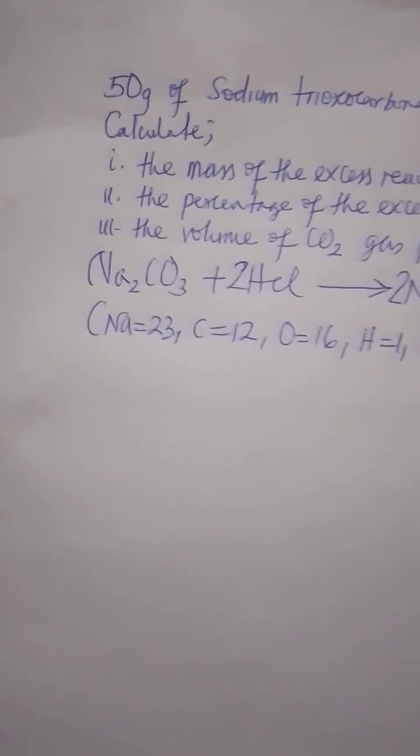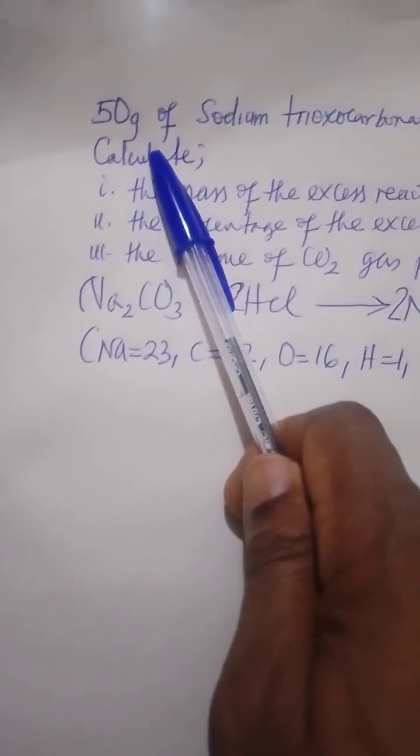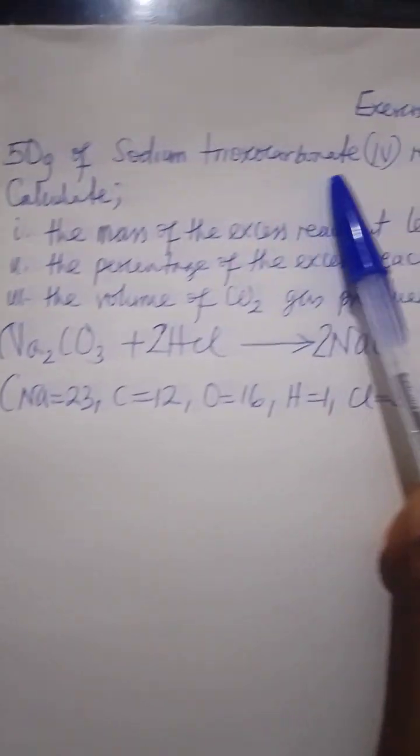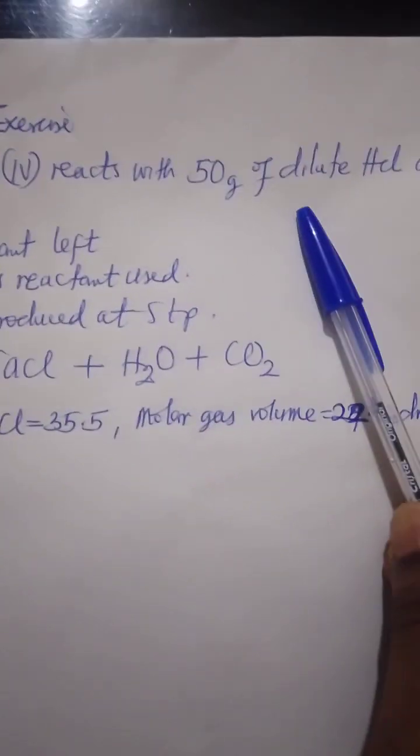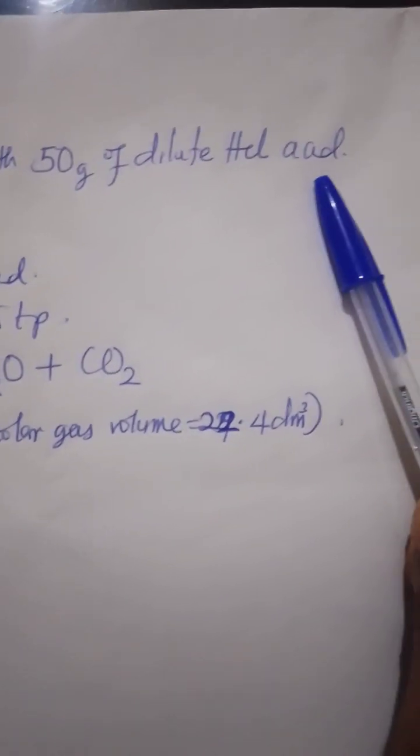We will conclude by saying that you should attempt this question. Let's see the question. 50 grams of sodium carbonate reacts with 50 grams of dilute HCl.